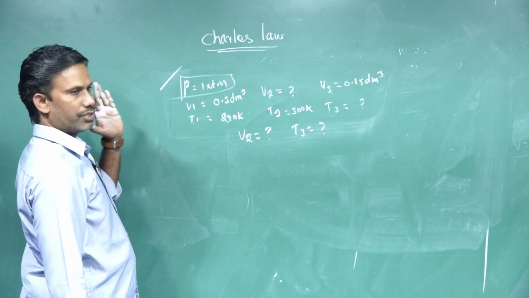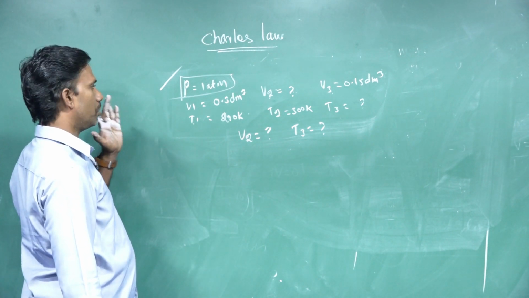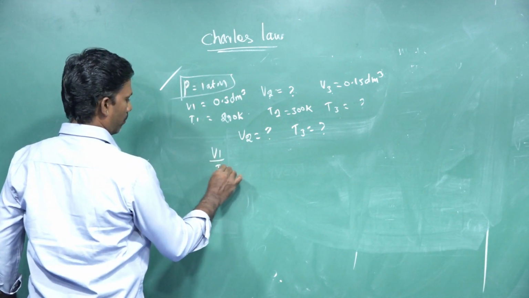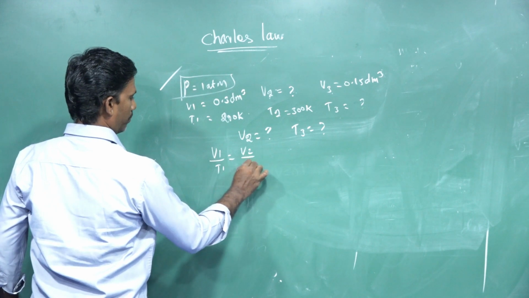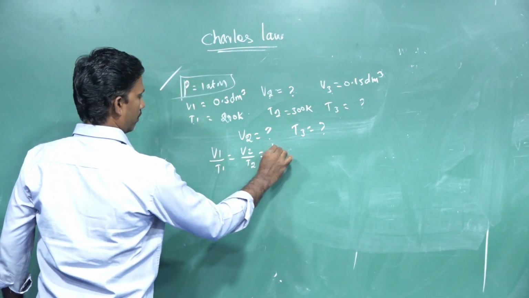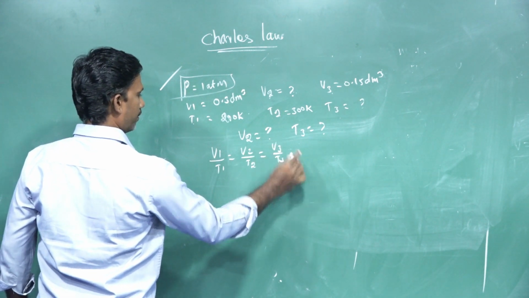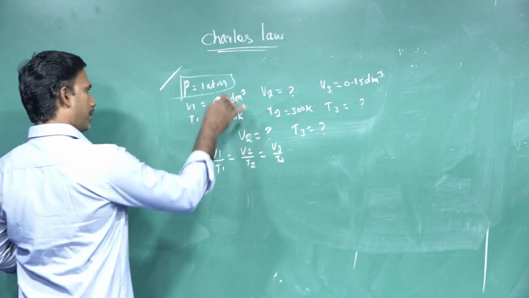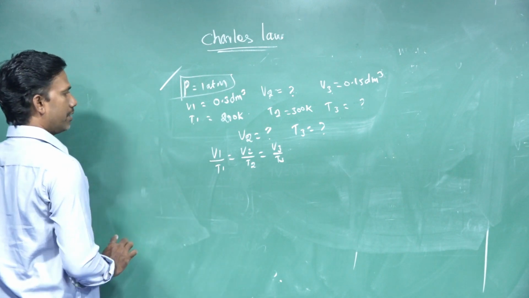So it is based on Charles law that you need to find the solution. What is the formula of Charles law? V1 by T1 equals V2 by T2 equals V3 by T3. This is the formula we have. By applying this data, we are going to find the solution.